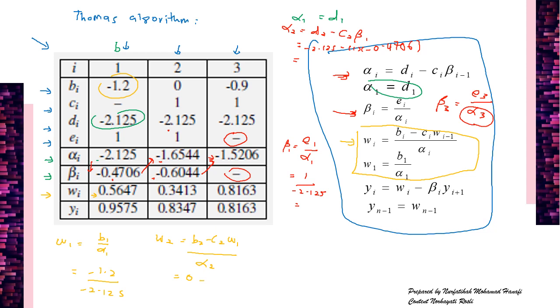What is our C2? C2 is 1. W1 we already calculated, 0.5647, divided by alpha 2. What is the value for alpha 2 here? Minus 1.6544. Then just using your calculator, you get this value, 0.3413.